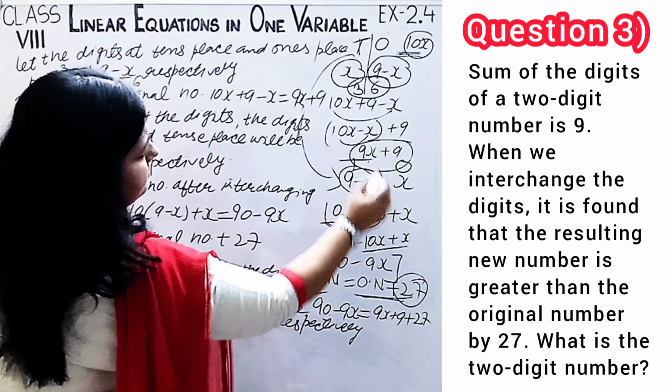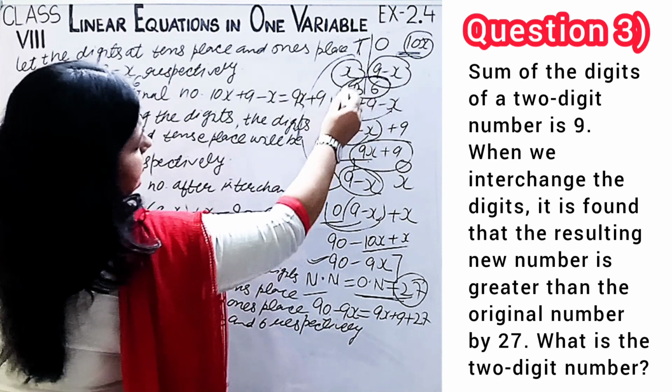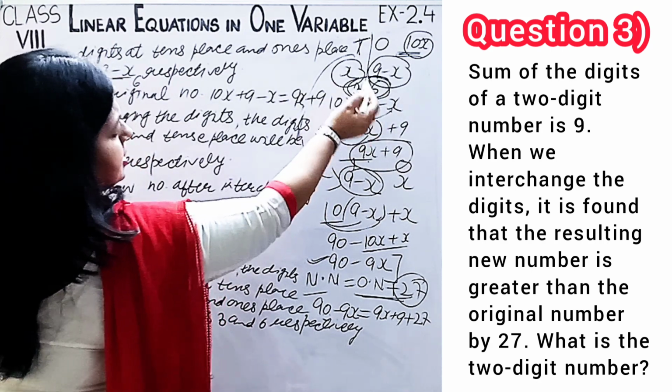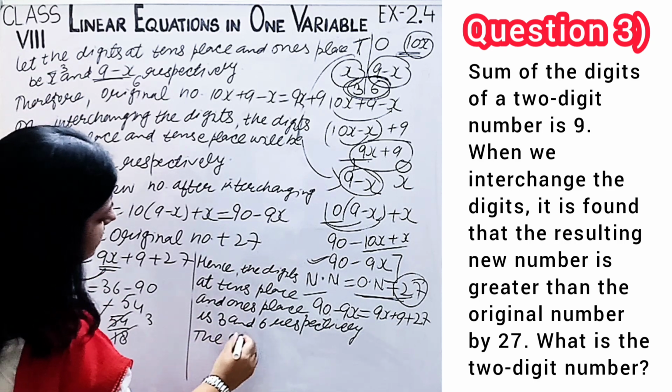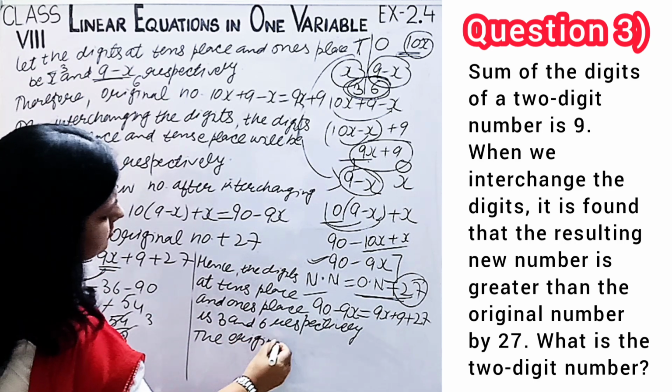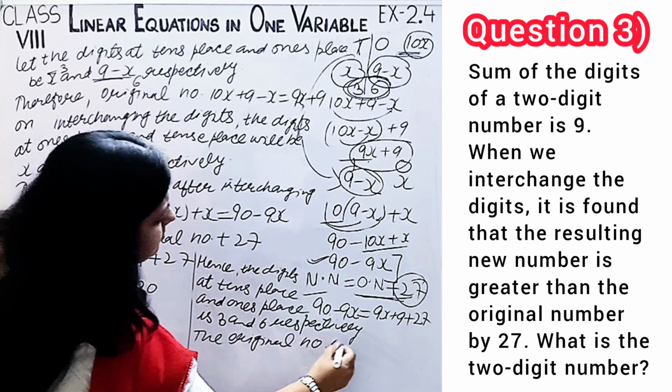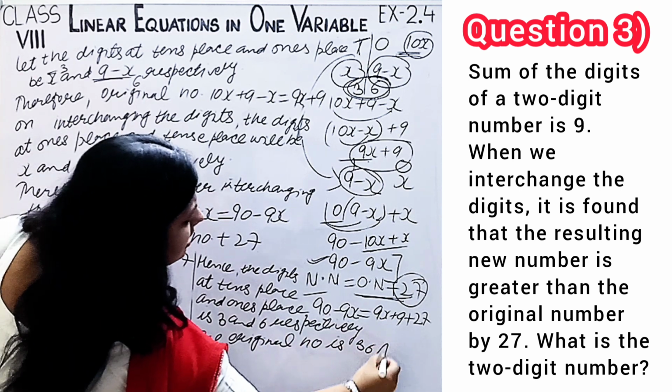So if this is 3 and this is 6, it becomes 36, and 36 is a 2-digit number. The original number is 36. Answer.